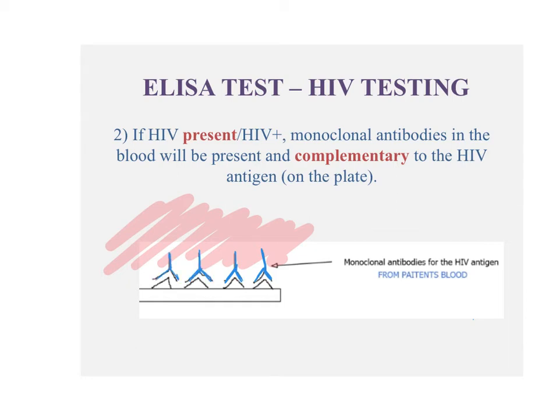So these blue antibodies, these HIV antibodies, are produced by my body to fight HIV. Now, obviously, that's not necessarily going to work very well, but it's nice to know that your body is fighting them. And those HIV antibodies are going to bind to those HIV antigens that are stuck to the plate.